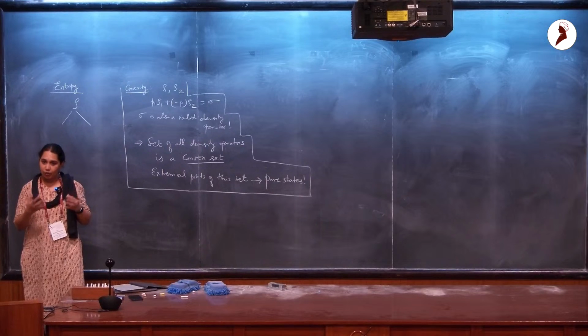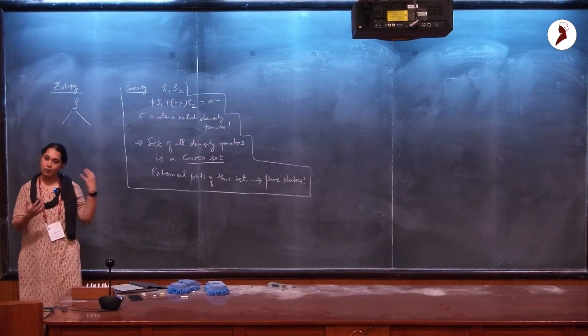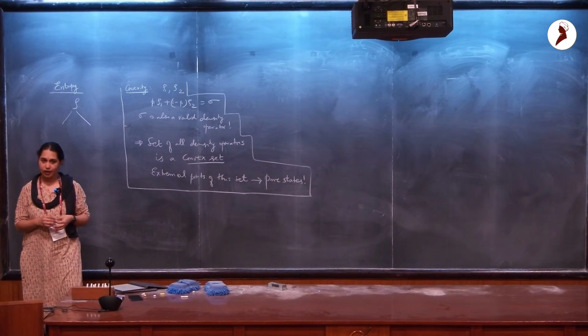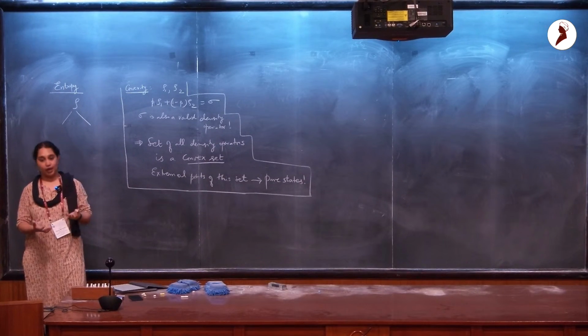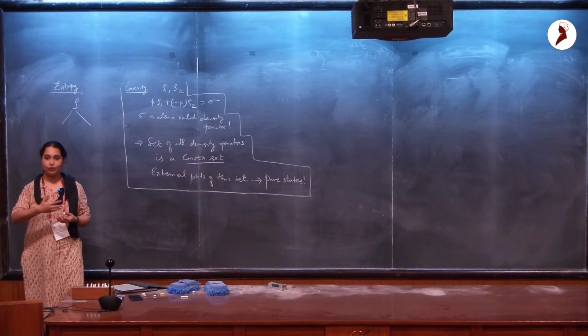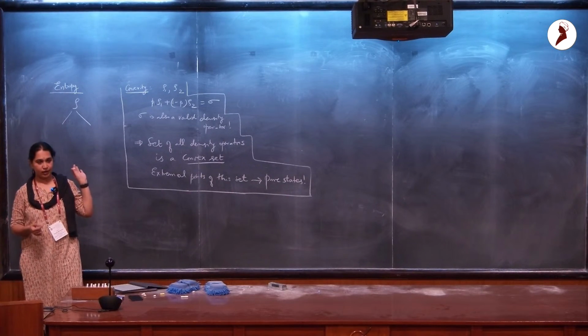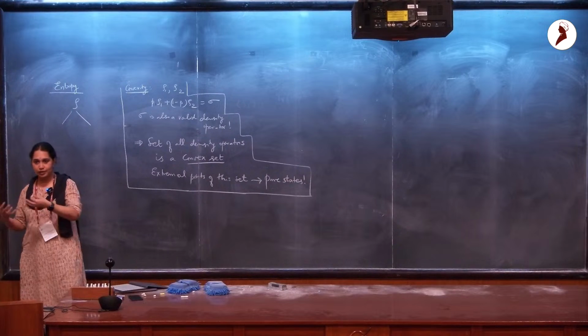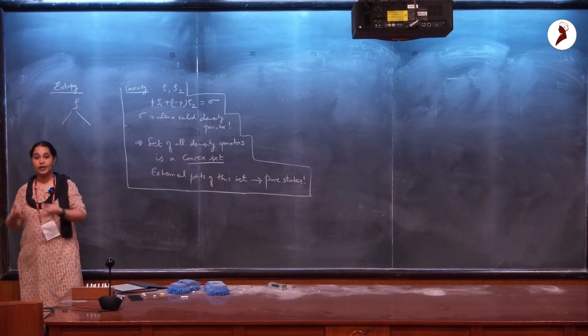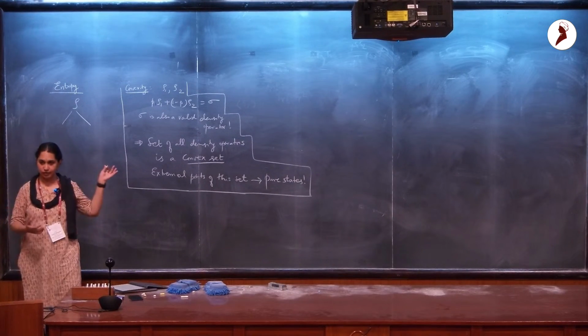And how do I extract information about a quantum state? I measure, right? I could perform measurements of different observables on this state, get different probability distributions that come out of it, and using that information, I try to reconstruct the state in some way.